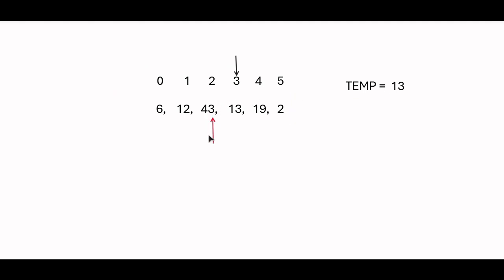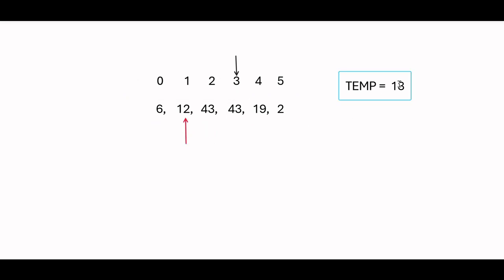Temp is lesser, so what did I say in that case? The element in the jth position should override the element in the j plus 1th position. So 13 is going to be overwritten with 43, and then j is decremented to point to the next location.